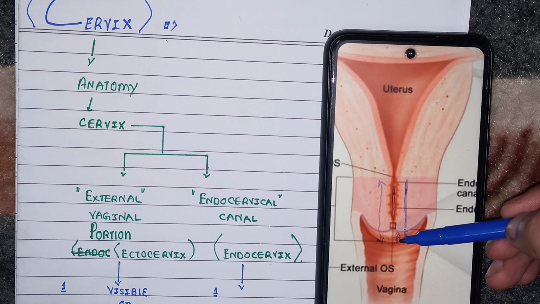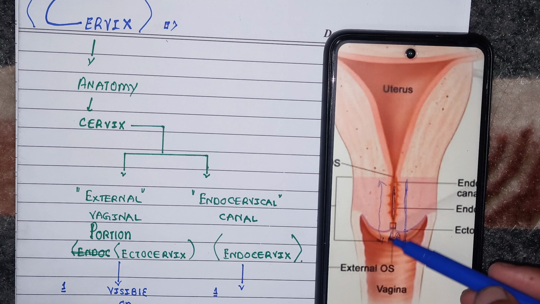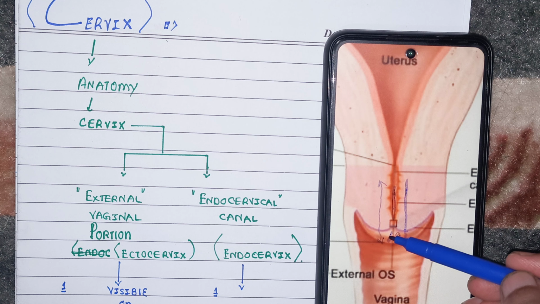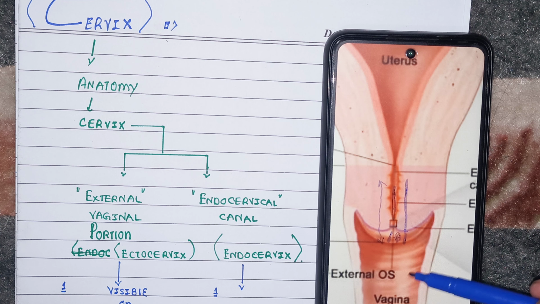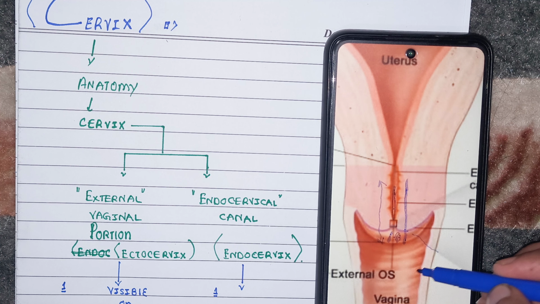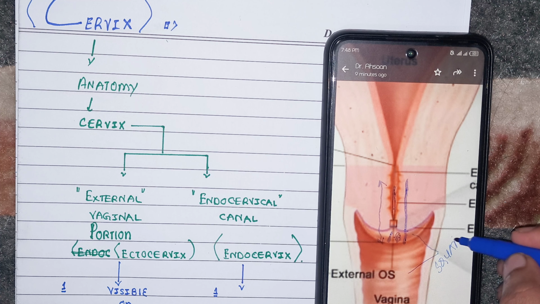Okay, above the vagina. Now, a very important point which you have to mention is the lining epithelium of this ectocervix portion. The lining epithelium of this ectocervix portion and this entire vagina is a squamous epithelium. They are lined by squamous epithelium.